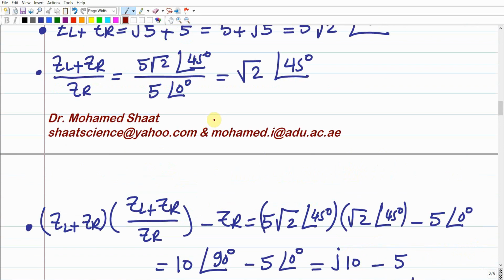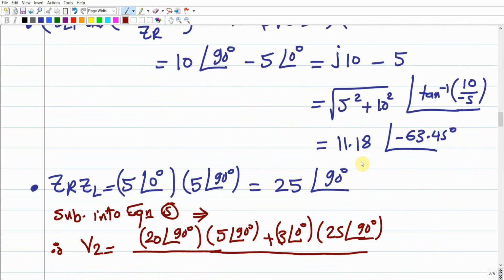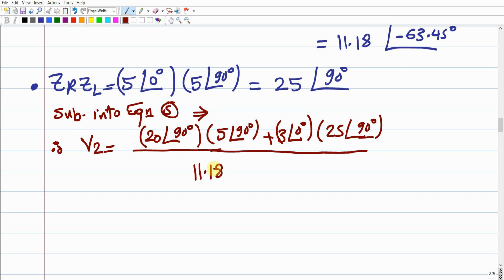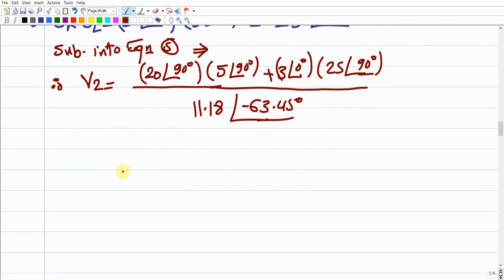The denominator, we already got all of this term, which is 11.18 angle negative 63.45. There are still more operations to be done on the numerator. The multiplication of 20 times 5 gives us 100, and then we add the angles, giving us 180.